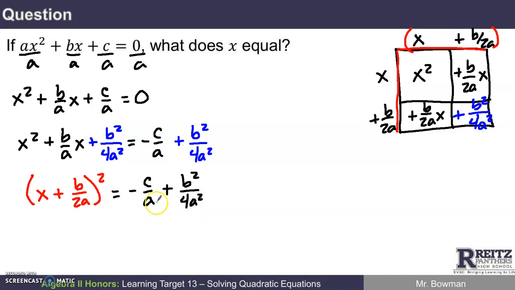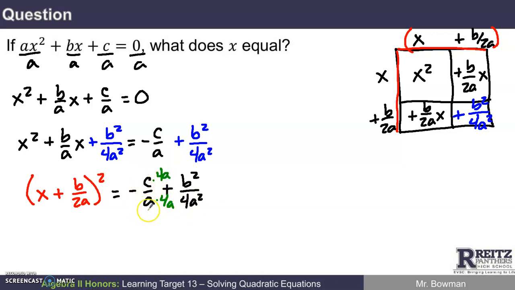So I'm going to choose to multiply both the numerator and denominator here by whatever it takes to make the denominators match. The thing that I need to multiply by here is 4 times a, because then the denominator would be 4 times a, or 4a squared, and it would match this one. But I better multiply the numerator by 4a as well.